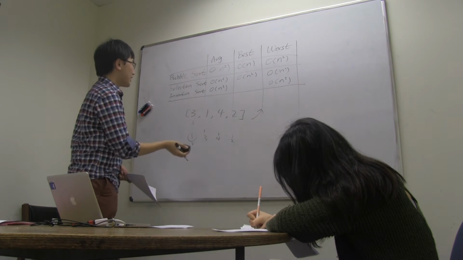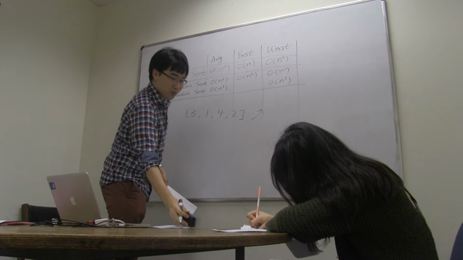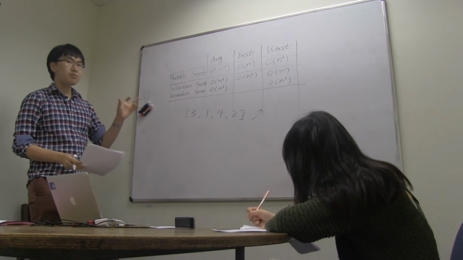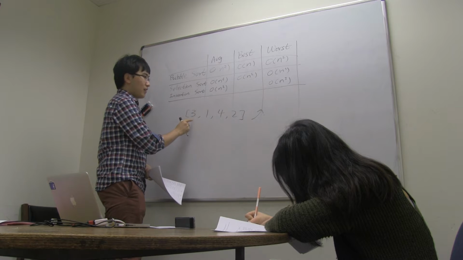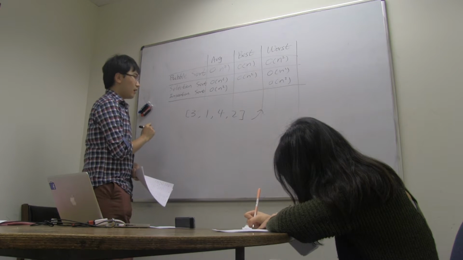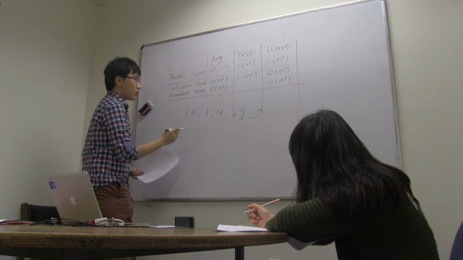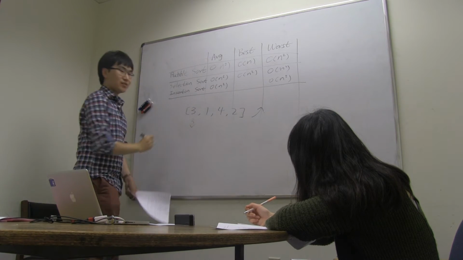And the third one we covered in the class is insertion sort. Insertion sort is trying to sort the subarray from the beginning. Let's still take this one as an example. In the first round, we only sort the first element, 3. Okay, it's sorted.